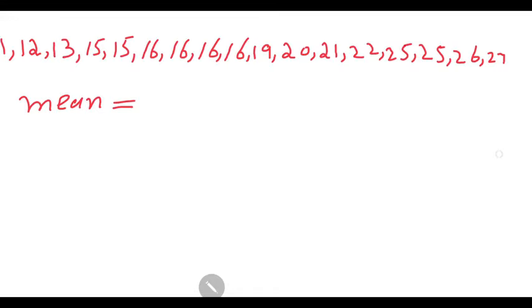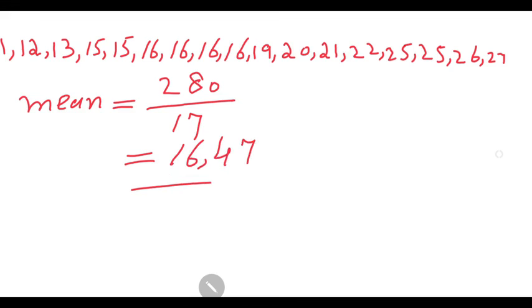Use the calculator, and that will be 280. Now divide by the number of values, which is 17. The answer will be 16.47. This is the mean of the data set.